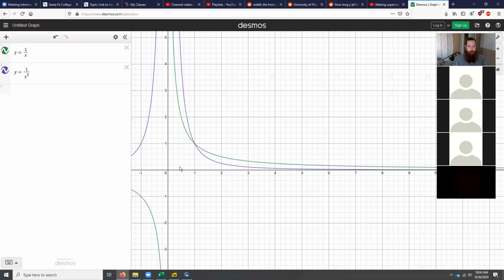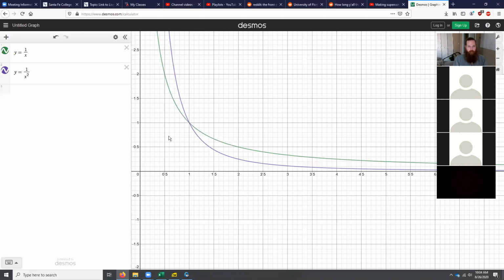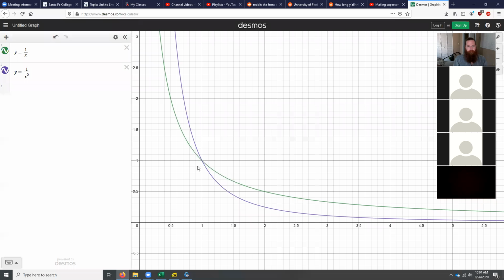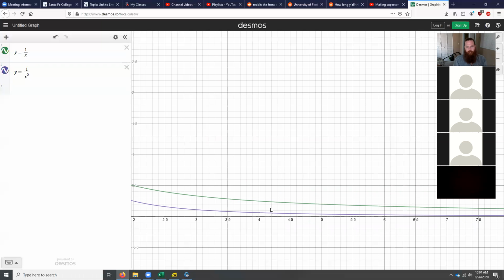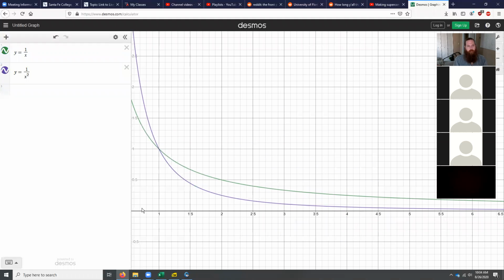So you'll see here, both of them blow up at 0. But we're interested in what's happening over here. So the blue, that's 1 over x squared. You see, he starts off above 1 over x, but then to the right, he starts settling down on his horizontal asymptote much faster. 1 over x has the same horizontal asymptote, the same vertical asymptote, but he doesn't settle down on his horizontal asymptote quite as fast.